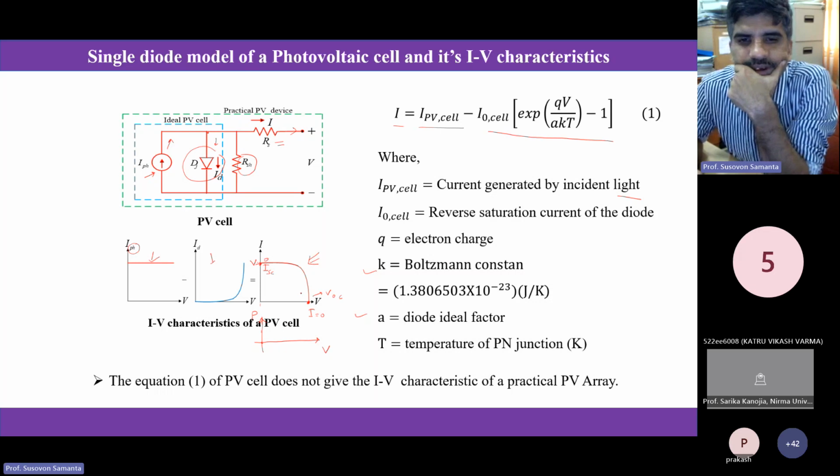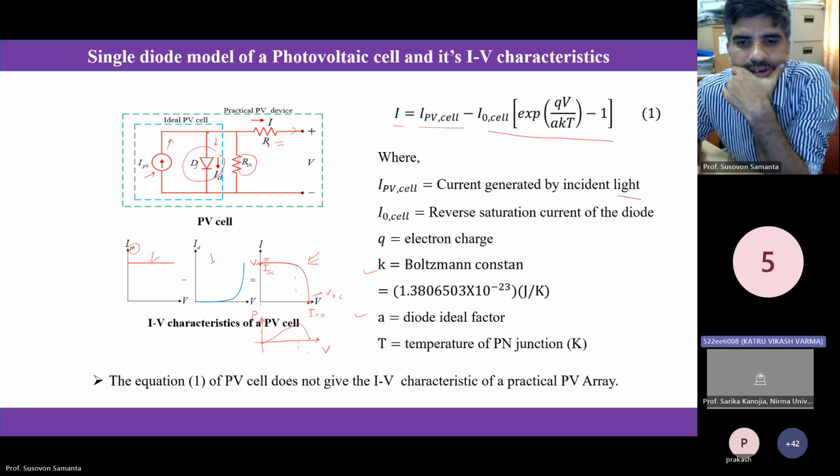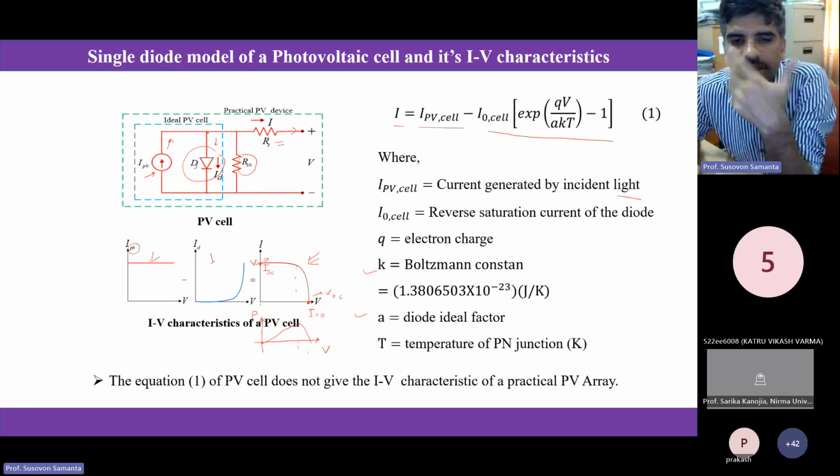And if you multiply voltage and current at each point in the curve, you will get power, and thus the corresponding PV curve. You can understand from this curve that at this point you will get the maximum power.